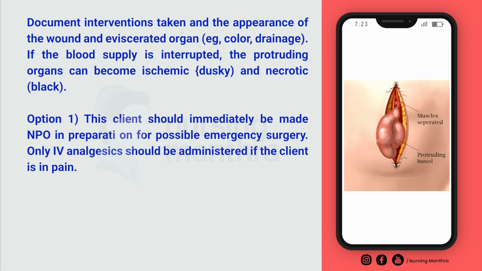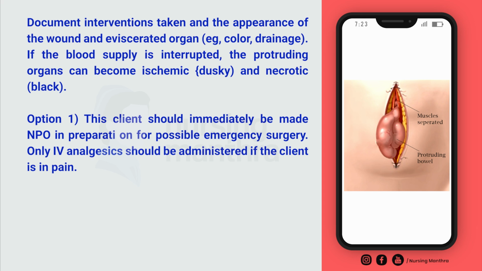If the blood supply is interrupted, the protruding organ can become ischemic, meaning a dusky color of the bowel loop, and whether necrosis is present, like a blackish organ. All these we have to document in the record.